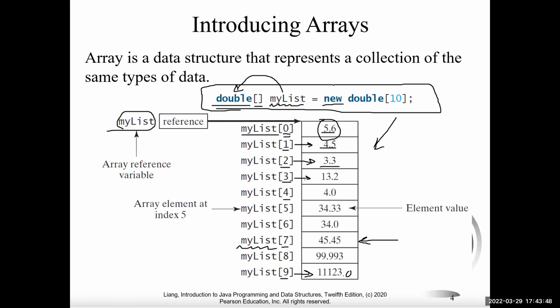New is a keyword telling the compiler, let's start creating this array of type double, and here is the size of the array that we want to create. So size is 10. The index starts from 0 to 10 minus 1, which is 9.